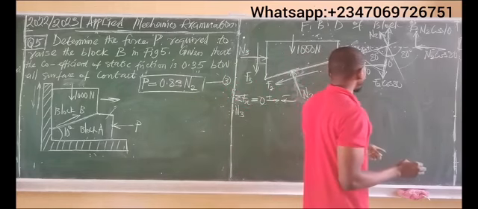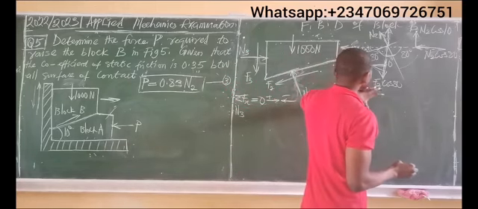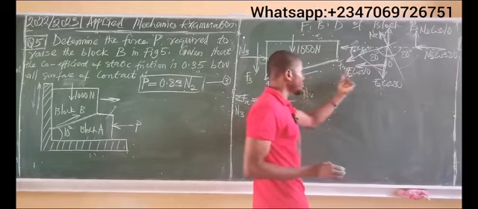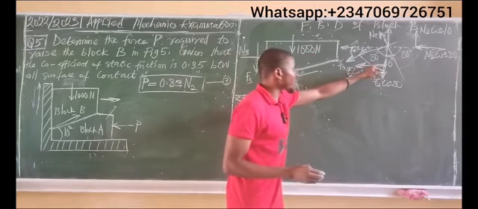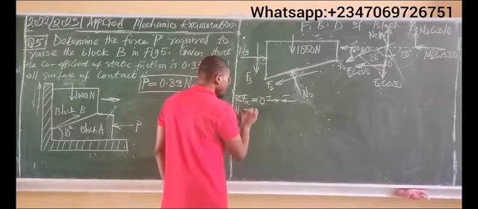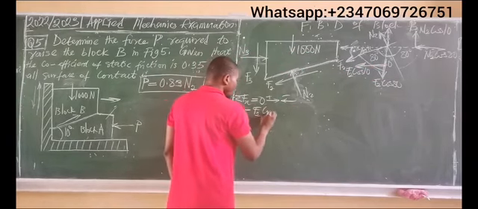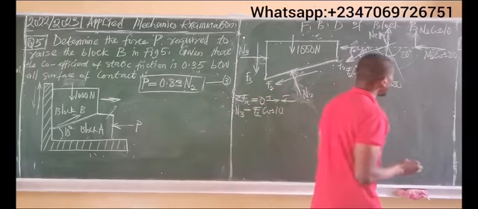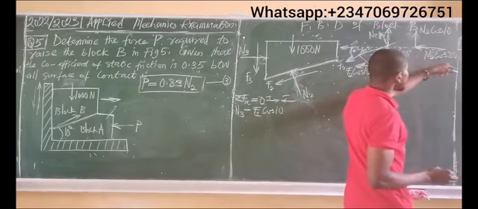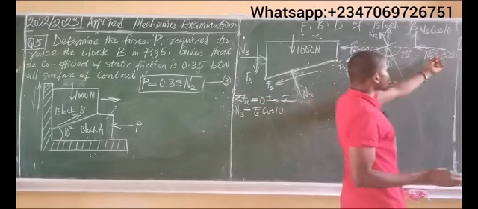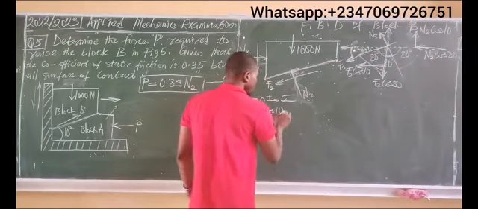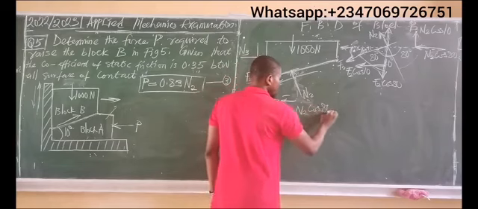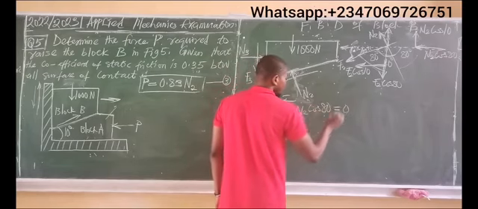From this resolution, I have F2 cos 10 pointing to the left, so it's negative: minus F2 cos 10. Similarly, I have N2 cos 80 pointing to the left, so minus N2 cos 80. So this is equal to what? 0.